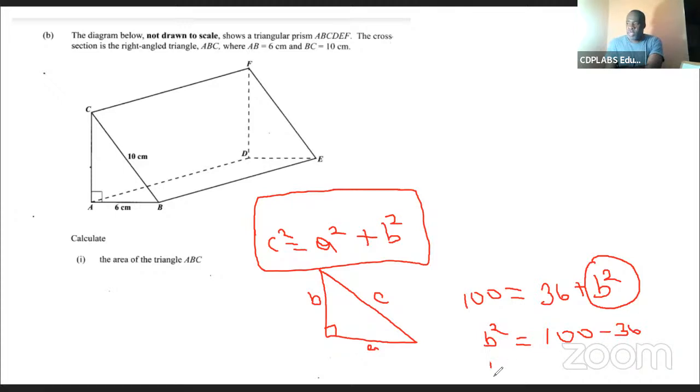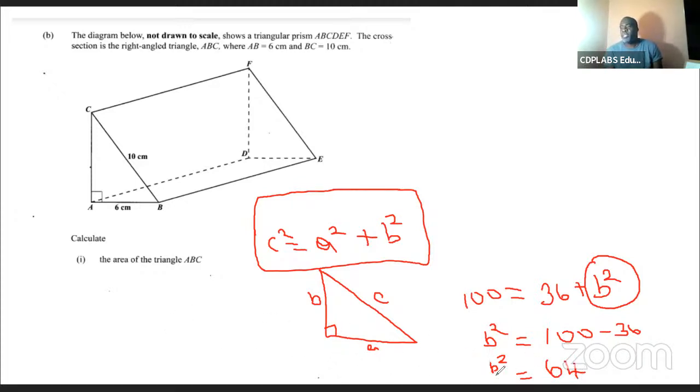And b squared is equal to what? What's b squared equal to right there? 64. Simple.